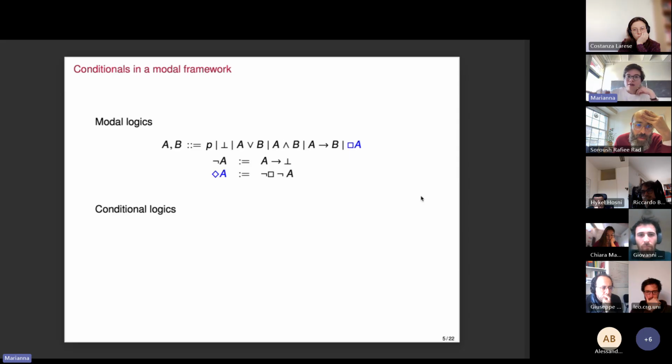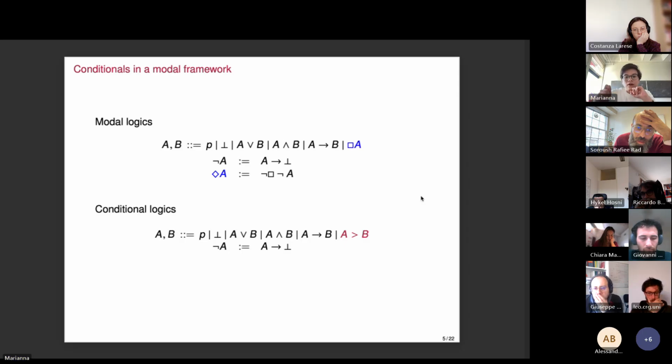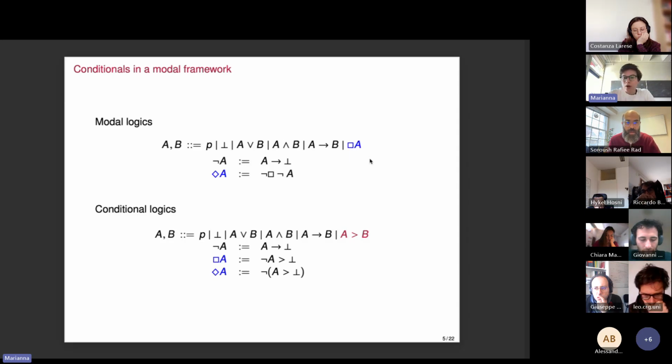Similarly, in the conditional logics that we're going to look at, you take your classical propositional language, and then you add in a modal operator that I will denote like this. The difference being that it is a modal operator that takes two arguments, so it has an antecedent and a consequent, while the box here is unary. And it is worth noticing that both the box and the diamond can be defined in terms of the conditional.